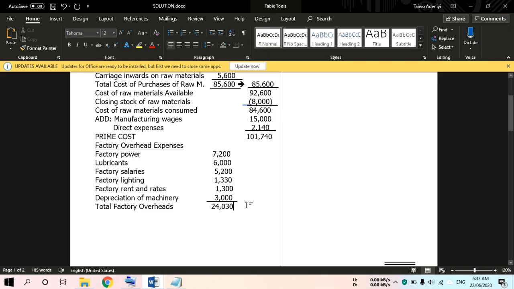So this figure will be transferred to this other side, so we'll need to close this.